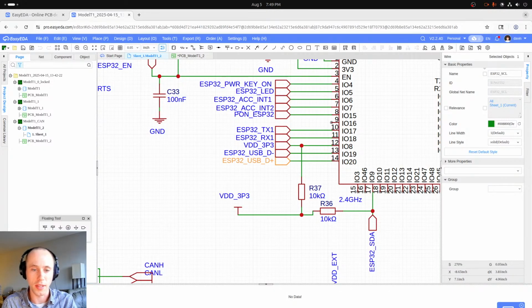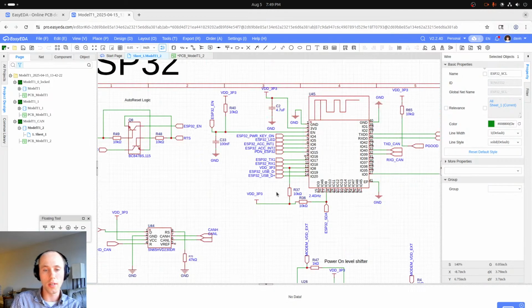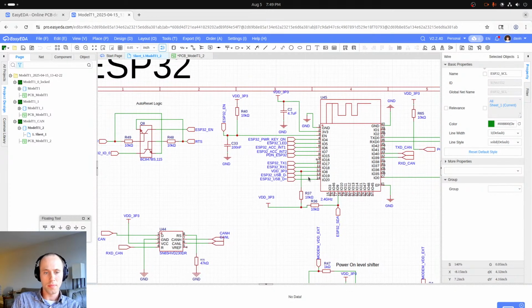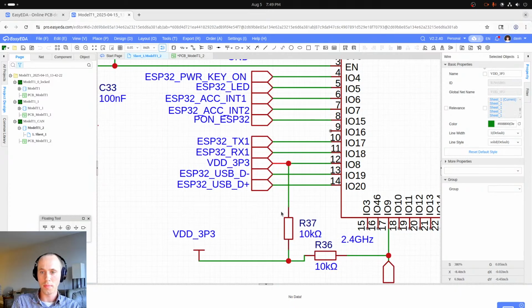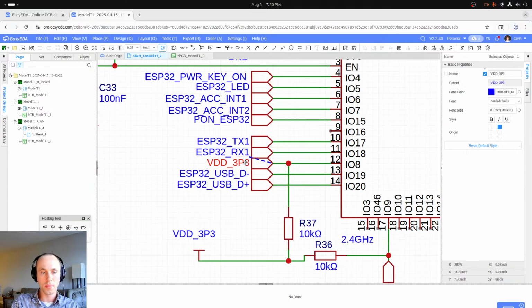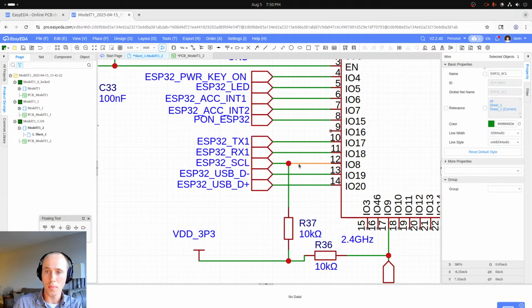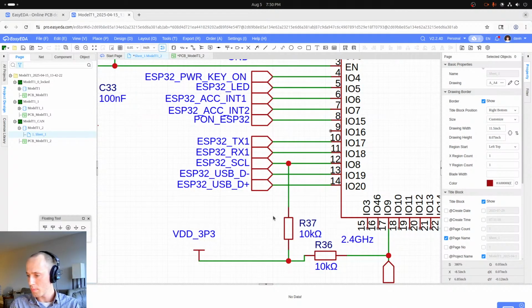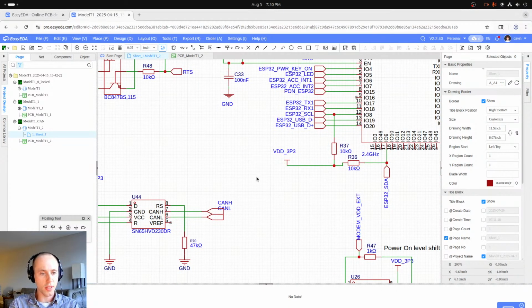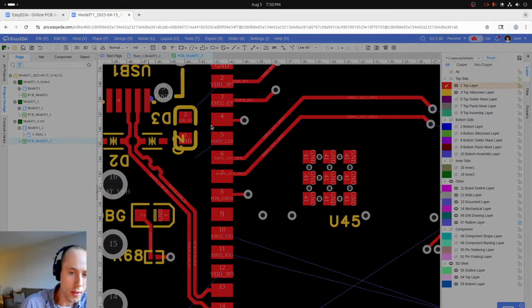Okay, yeah, this is supposed to be SCL. All right, all right. Okay, that's fixed. We can Alt I forward.